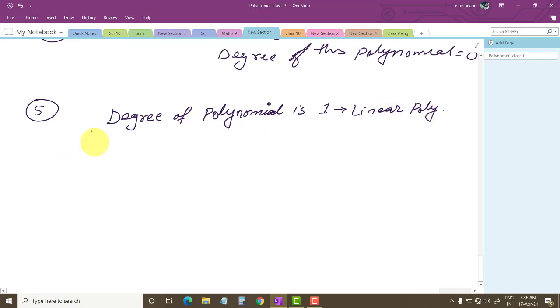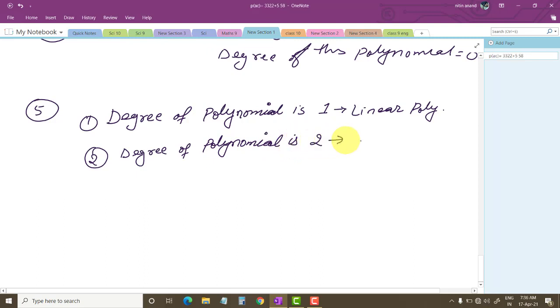And second, if the degree of the polynomial is 2, then that is known as a quadratic polynomial.